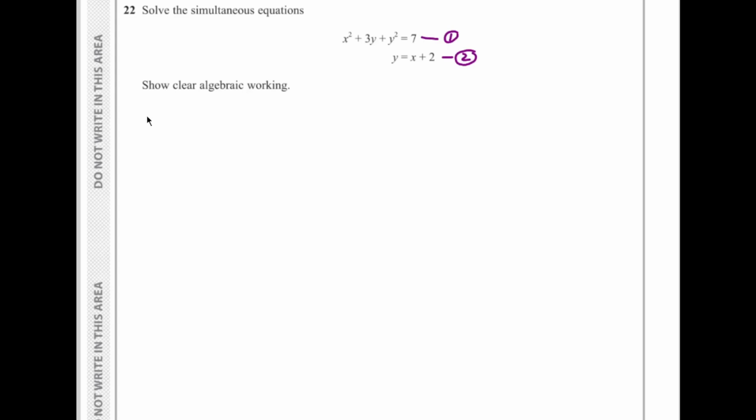So I'm going to substitute into x squared plus 3y, which means instead of y, I write x plus 2, plus y squared this time. So y is x plus 2, and the whole thing should be squared, equals 7.